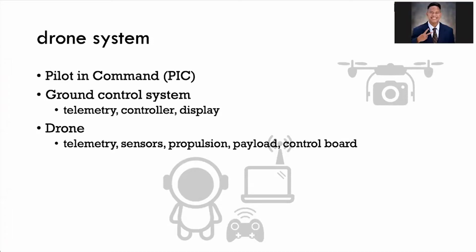And then the drone itself has telemetry so that it can receive and send the signals to the ground control system, various sensors that might include proximity sensors that can tell it if it's going to hit something, different cameras, potentially other things like temperature sensors and velocity sensors as well. Usually some sort of payload.